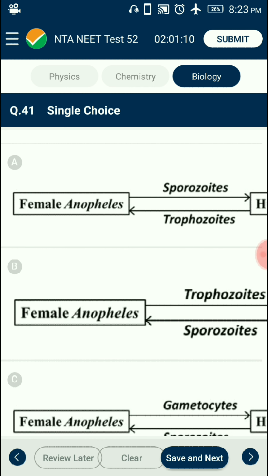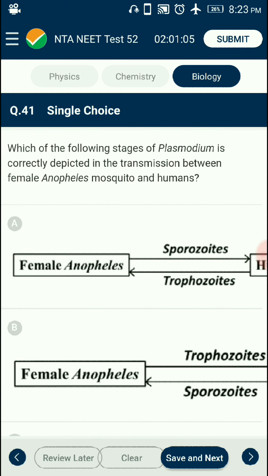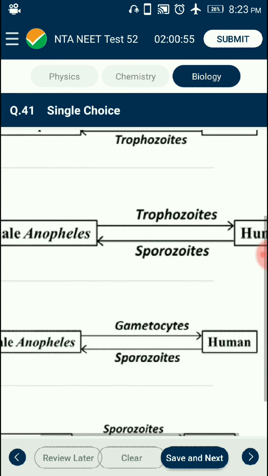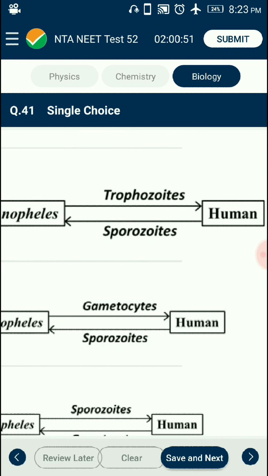These merozoites rupture the liver cells and escape into the bloodstream. Each merozoite infects an erythrocyte where it develops into a ring form followed by a trophozoite, which shows intracellular feeding, followed by a schizont, which in turn produces many merozoites. These newly formed merozoites come out by rupturing the erythrocytes.